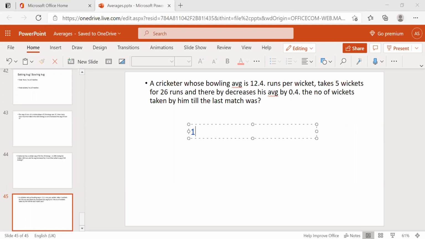It is 12.4 and increased by 12.8. It's 5 wickets. And what's the new value? Just take this as n.